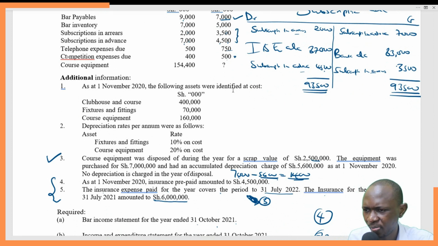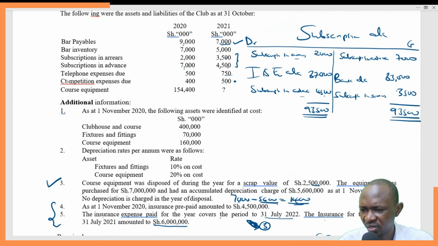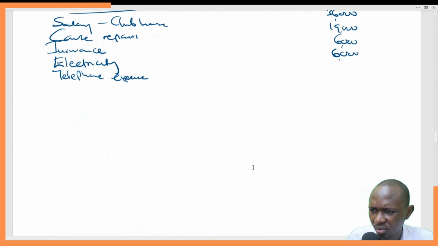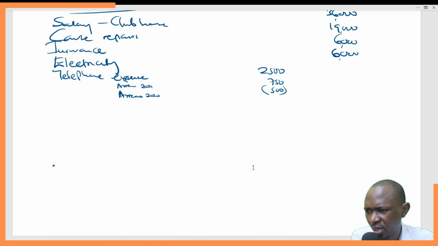So 25 plus 750 minus 500. This is arrears, 2021, arrears 2020. So what this will give us is 250, 2,750.